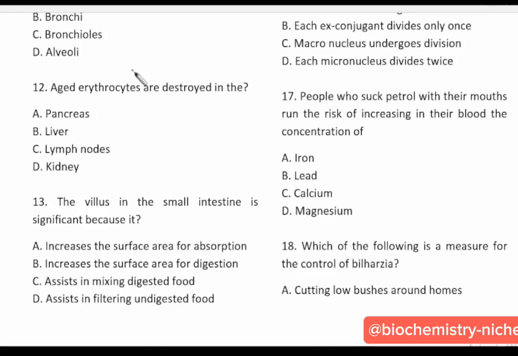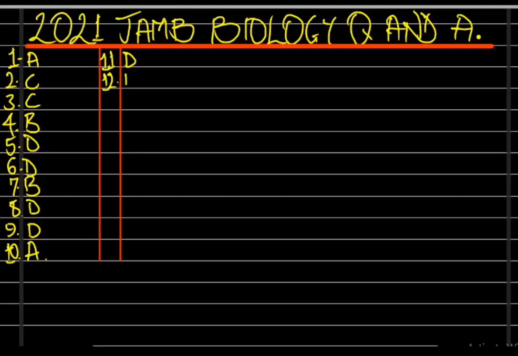And this action is brought about by the function of the liver. The liver and the spleen bring about the destruction of the erythrocytes. So that is the answer to question 12. It is not the pancreas, it is not the lymph node, it is not the kidney, it is the liver. Option B. And then we move to question 13.